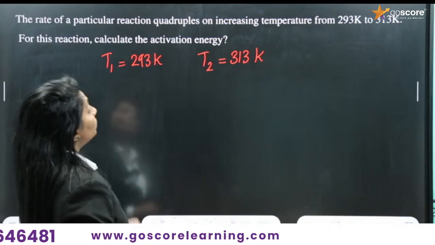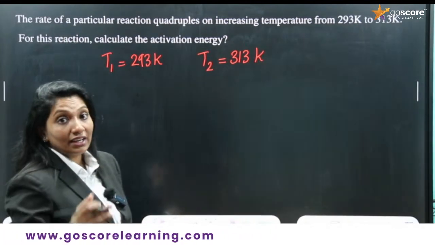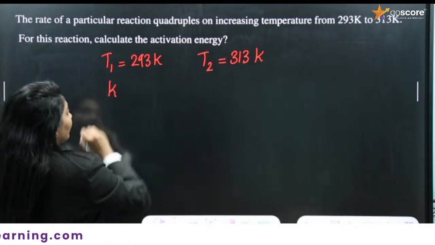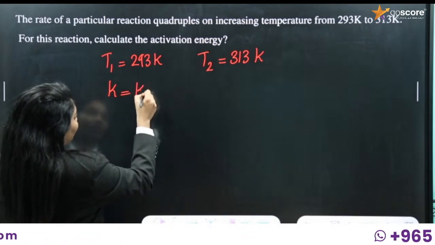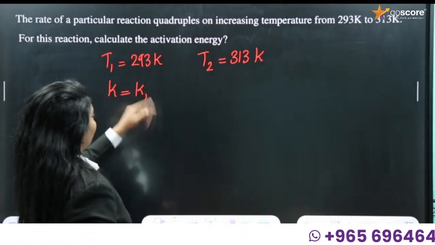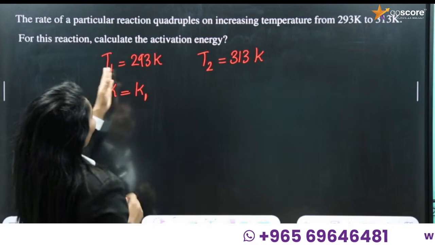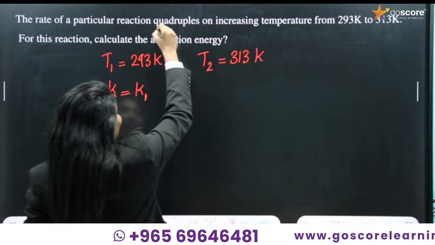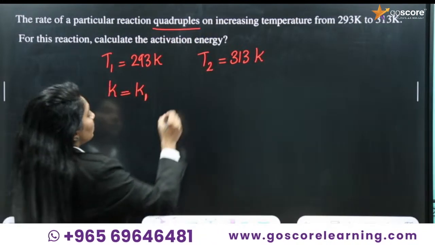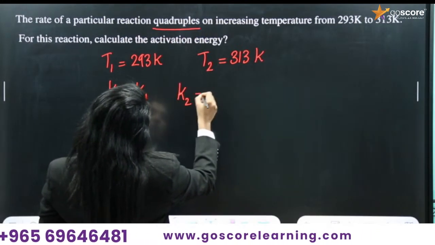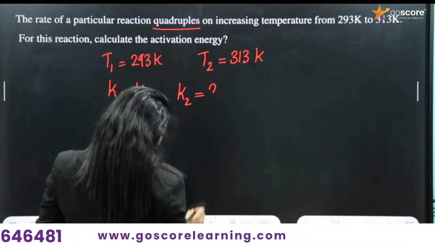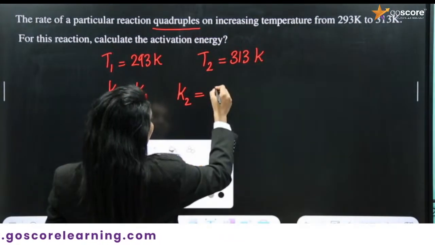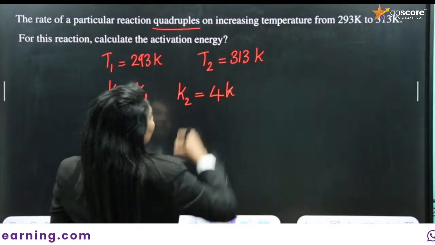Instead of giving directly the K1 and K2 values, the first rate constant we can take as K1, K1 we can take as K, and the reaction quadruples. Quadruples means it increased by 4 times. So, your K2 value will be, what? Quadruples means it will be 4K, right?